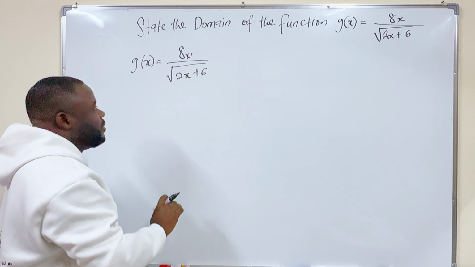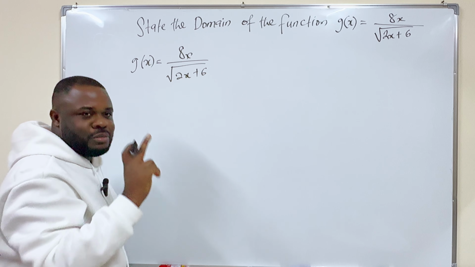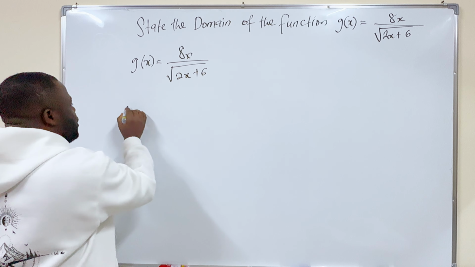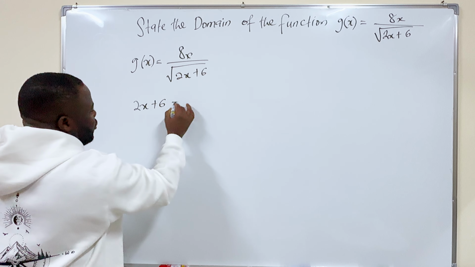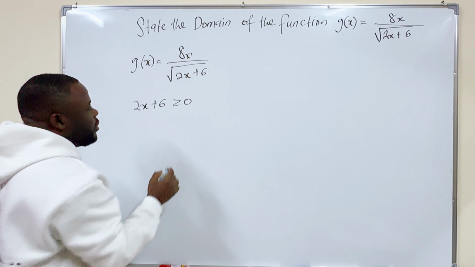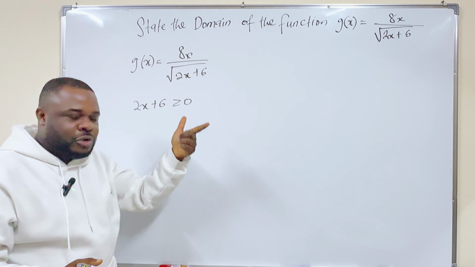It cannot be negative. The second is that the entire denominator must be greater than 0. So the first condition is 2x plus 6 must be greater than or equal to 0.